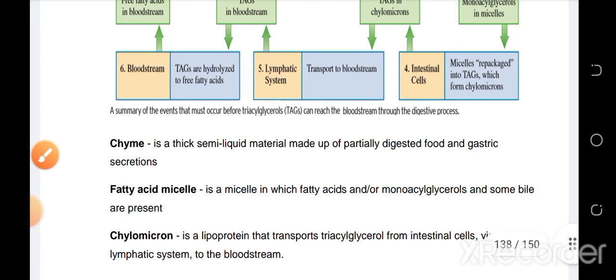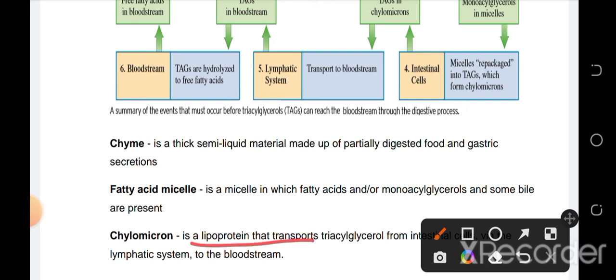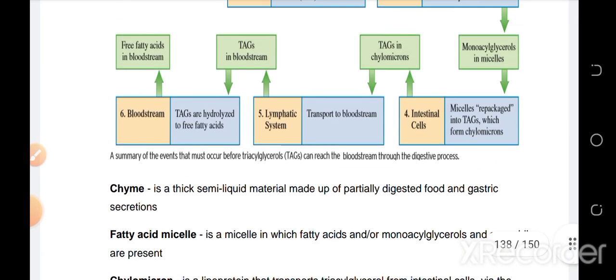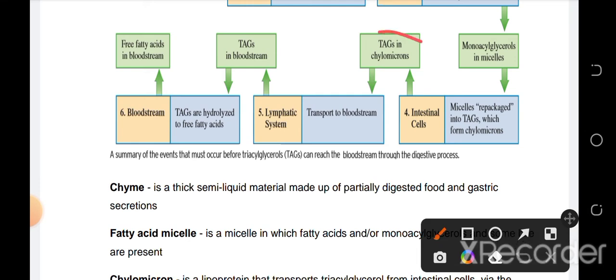Okay? Pag sinabi natin chylomicrons, these are lipoproteins that transport triacylglycerol from intestinal cell via the lymphatic system to the bloodstream.